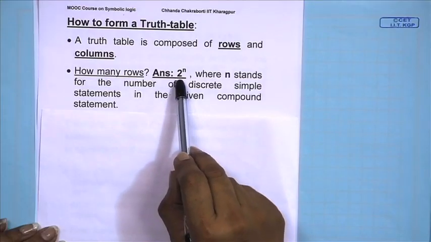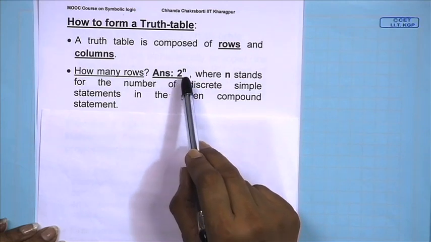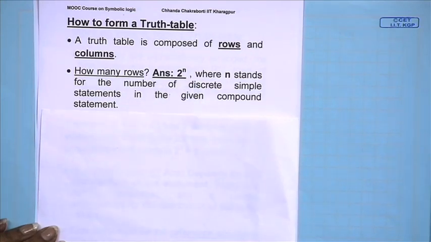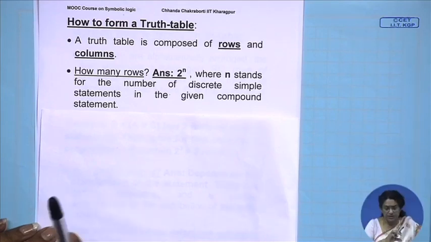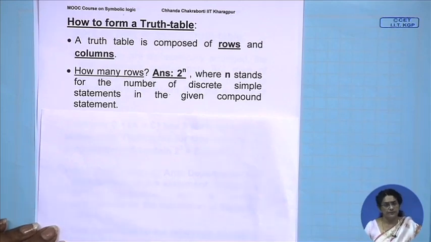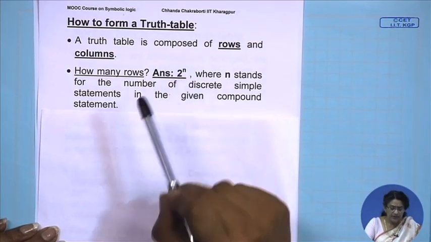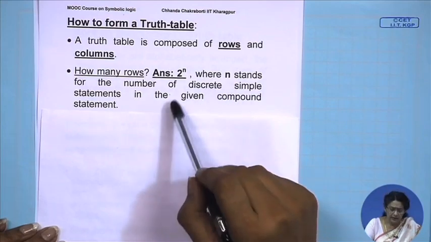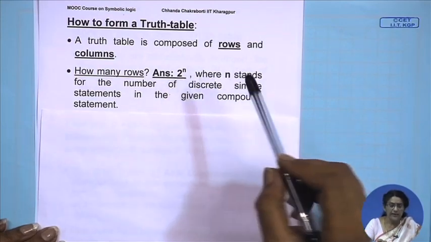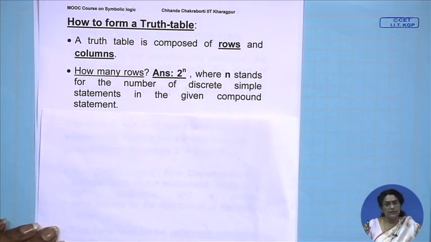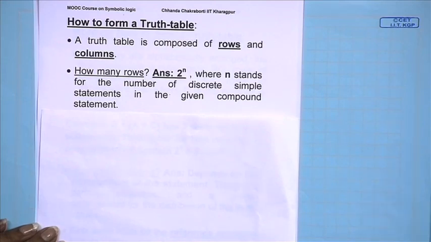Hence, you are going to have 2, and the n stands for the number of discrete simple propositions in the compound proposition. Together, here is the formula 2 to the power n, where 2 is the number of the values and n is the number of discrete simple propositions present in the compound proposition.